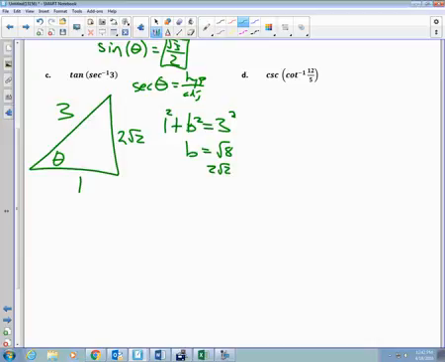Tangent is opposite over adjacent. So we have tangent of secant inverse of 3. Remember, when you inverse something, that will give you theta. And so we get tangent theta. As you said, we get root of 2, or 2 roots of 2.